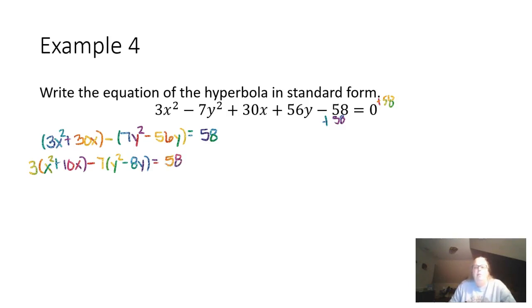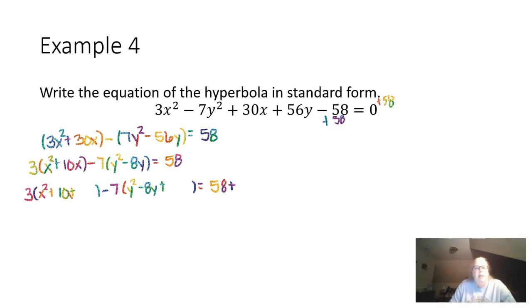Now we're going to have to figure out, because I'm going to be adding something into the parentheses here, 3 times x squared plus 10x plus something, minus 7 times y squared minus 8y plus something, will give me 58 plus both of those somethings. Now how do I get that something?